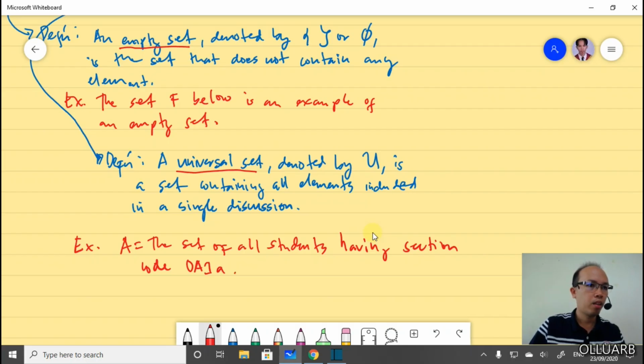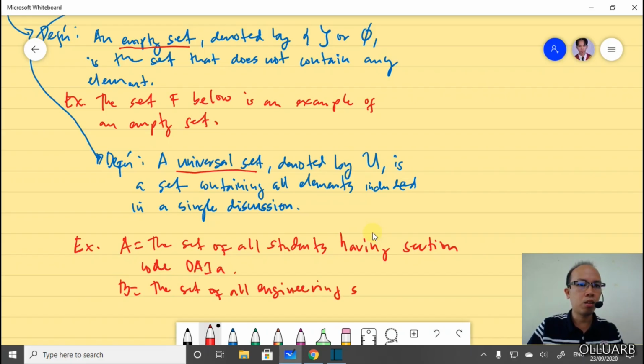And we have letter B here, the set of all engineering students in CMU.